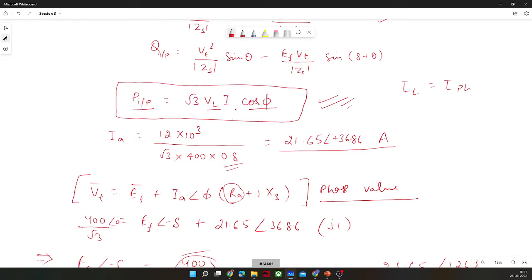This is the universal formula, root 3 VL IL cos phi. But in this problem, the armature is star connected, so whether it is line or phase current doesn't matter in a star. In voltage, we have to convert. Is it fine? Yes, sir. Okay, thanks.